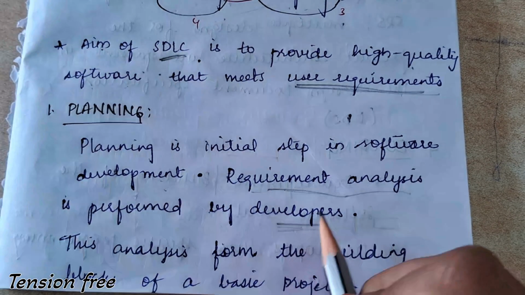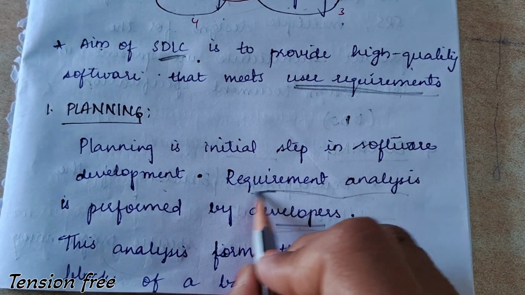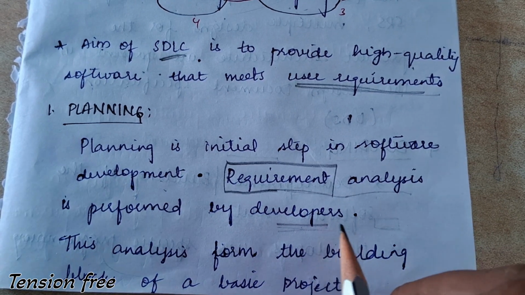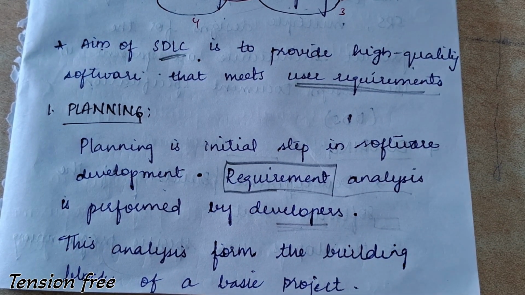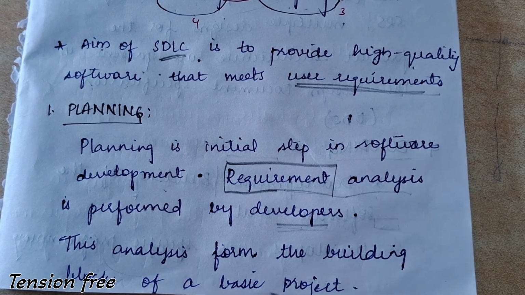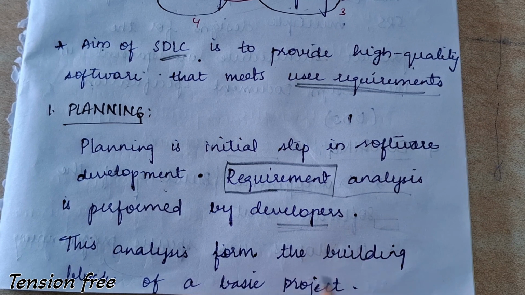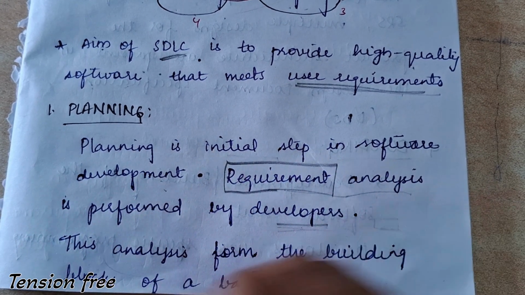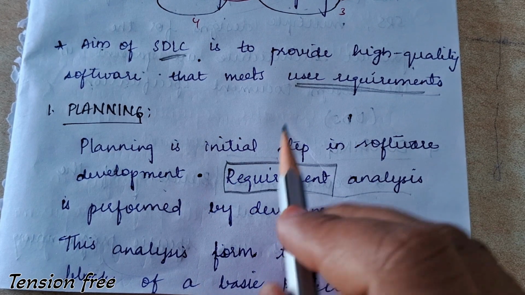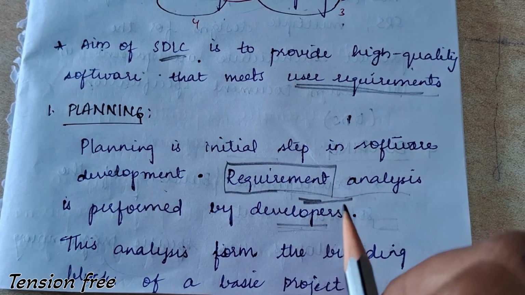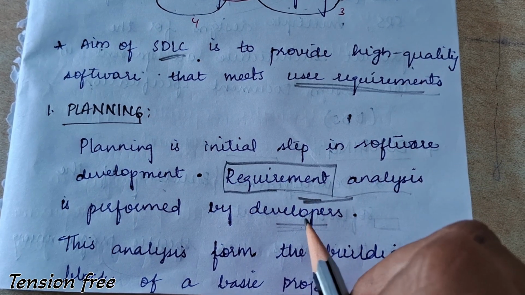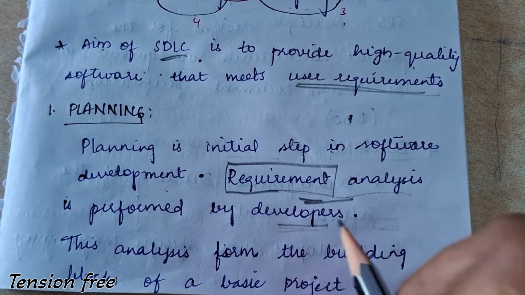In this planning stage, we analyze the requirements which are needed to develop the software. This analysis forms the building blocks of the basic project. This will be the basic stage for building the required software by using the requirements which are needed for the user, and these requirements will be provided by the developers.